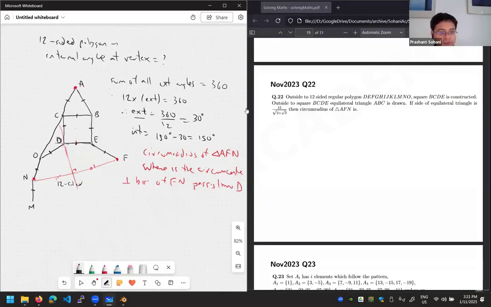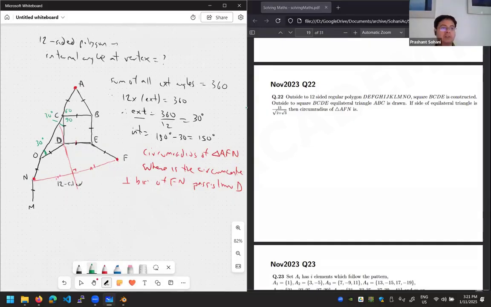Why? Because this angle is 30 degrees, right? Why? Because that is the external angle of my 12-sided polygon. And this is 60 and this is 90. So the 60 plus 90, so this is also 30 degrees. Okay. So therefore, this O-N-C-A is actually a straight line.